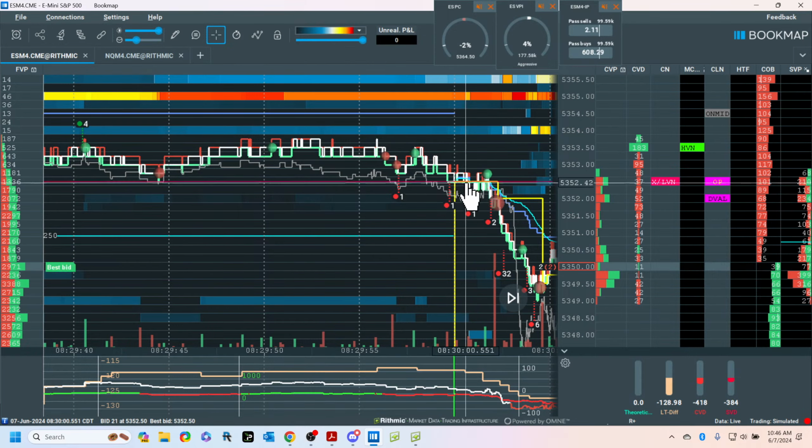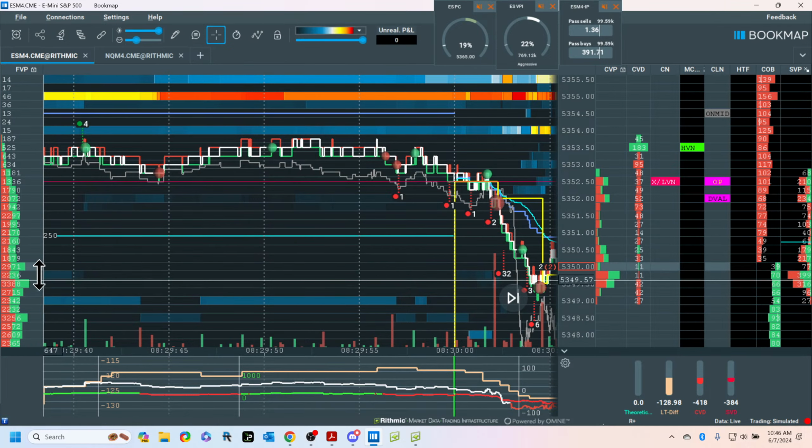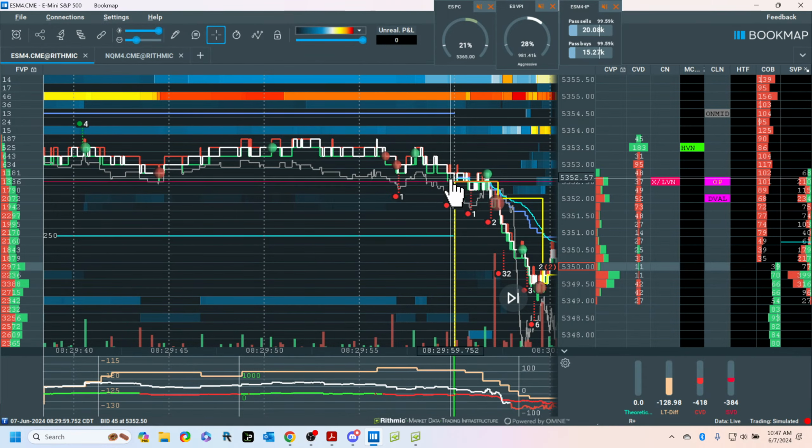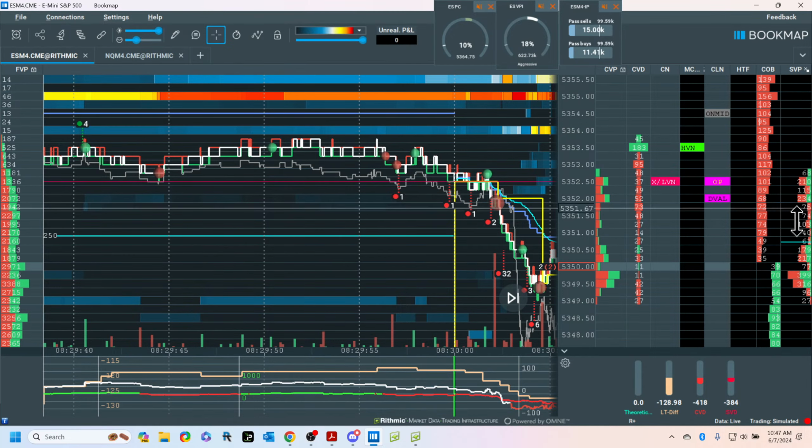This is the RTH open. This is the developing volume point of control. Remember what a volume point of control is, that high volume. Remember the shopping experience. Well, now we're in micro structure. This starts at 0. So at the RTH open, it resets to 0. This is the session volume profile. It's going to fill in as we auction.